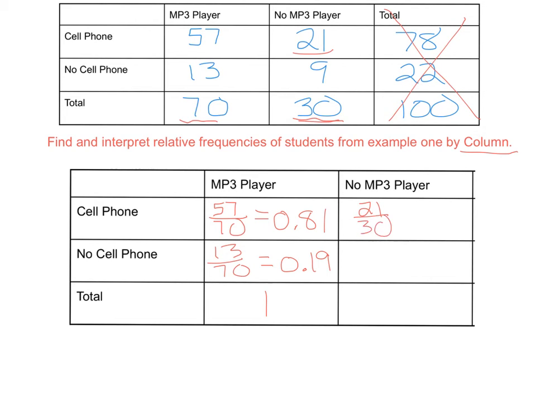And 21 out of 30 will be 0.7, and then 9 out of 30 will be 0.3, and you add those up, you will get 1. So there you have relative frequencies.